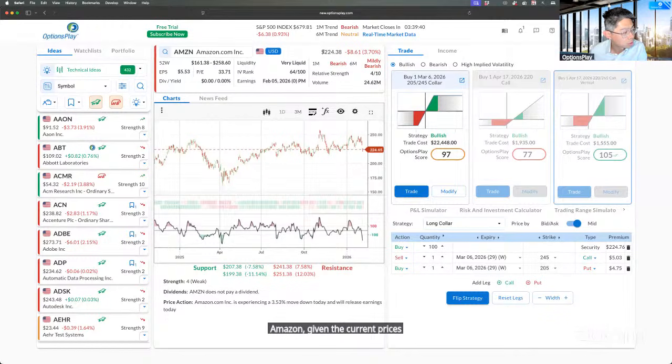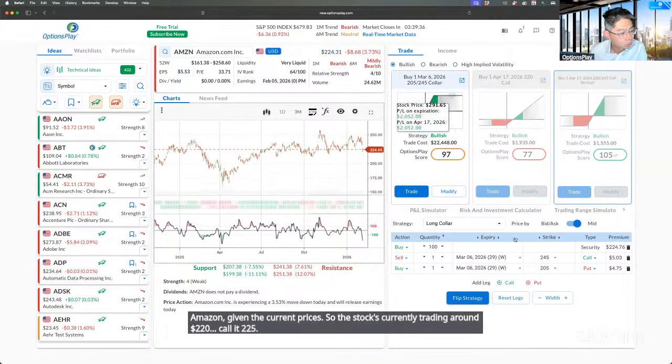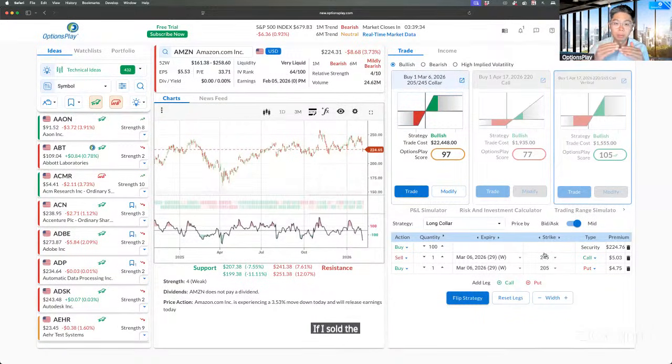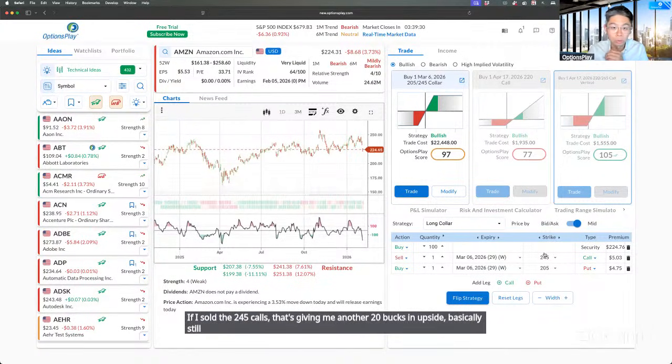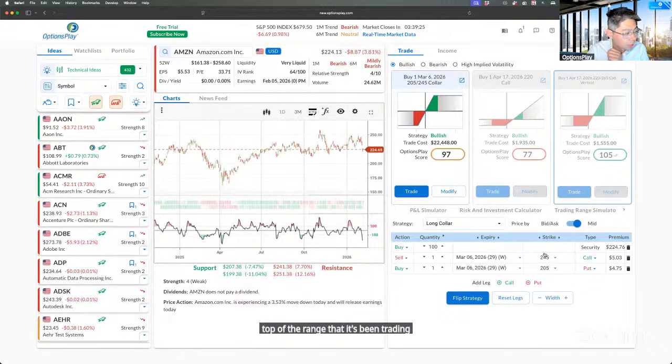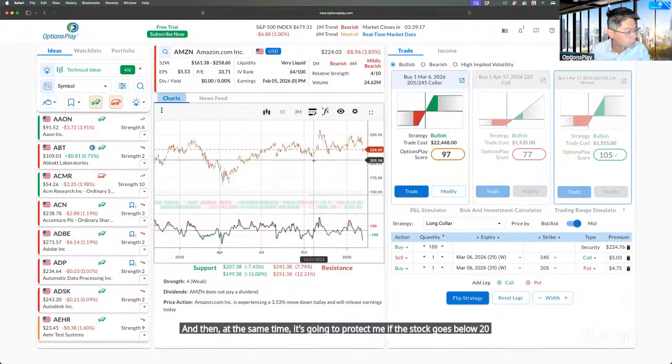So the stock's currently trading around 220, call it 225. If I sold the 245 calls, that's giving me another $20 in upside, basically still getting me back up to the top of the range that it's been trading at for the last few months. And at the same time, it's going to protect me if the stock goes below 205. 205 is all the way down here.